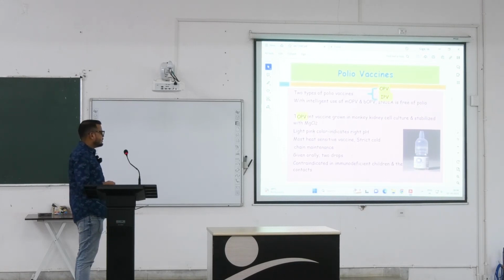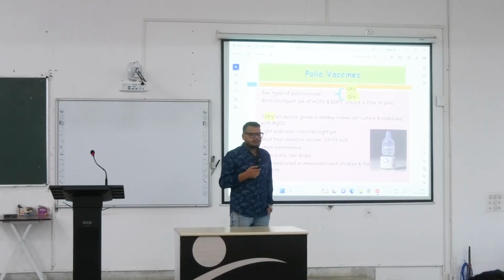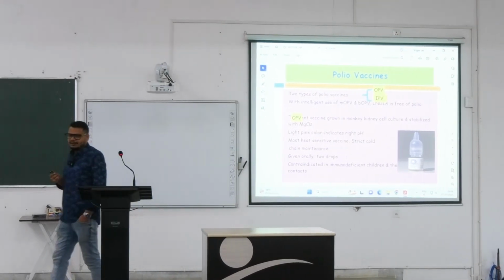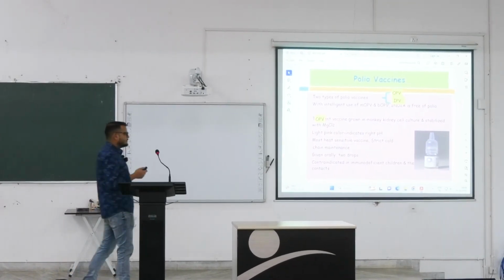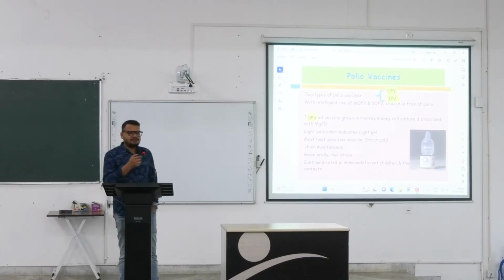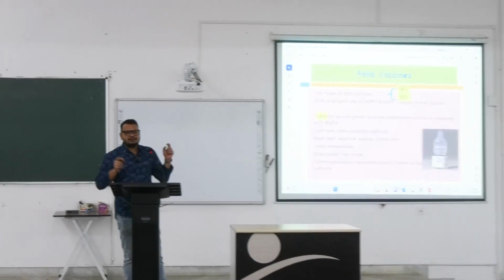So what is cold chain? Cold chain is, suppose a vaccine is being prepared in Pune by Serum Institute of India, and then the vaccine has to be used in Calcutta. Now there is a long distance between Pune and Calcutta, and the vaccine has to be kept at 2 to 8 degrees centigrade.